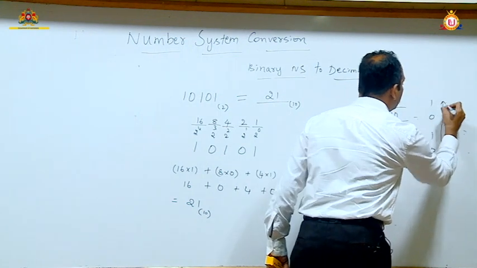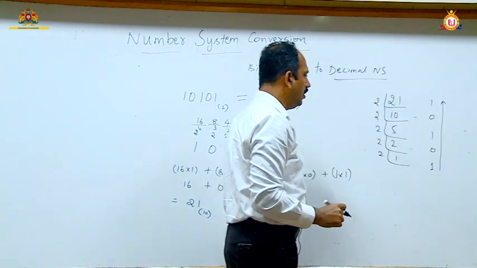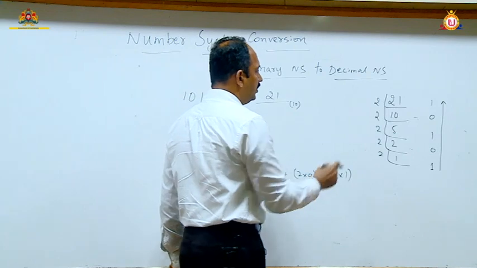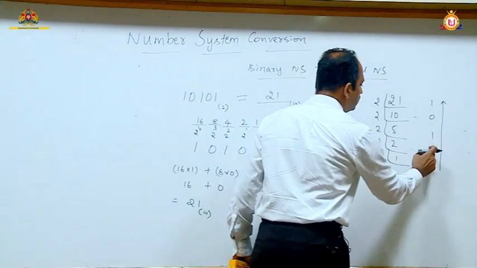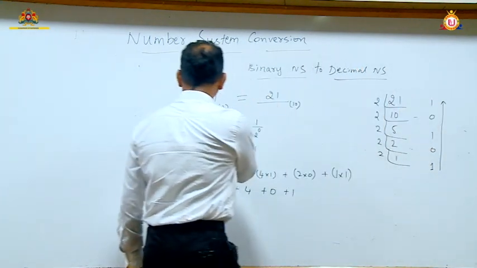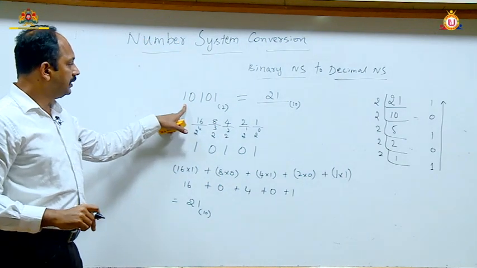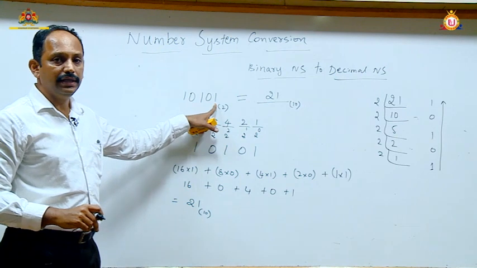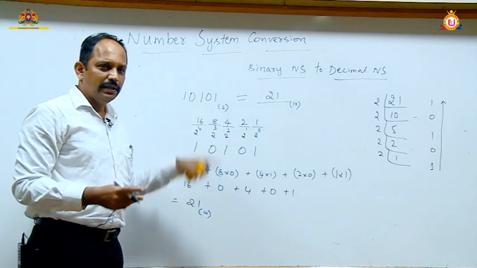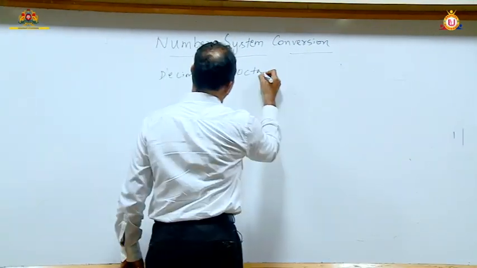Now from bottom to top, this is how we can write it: 10101. This binary number 10101 is matching, therefore the calculation is correct.